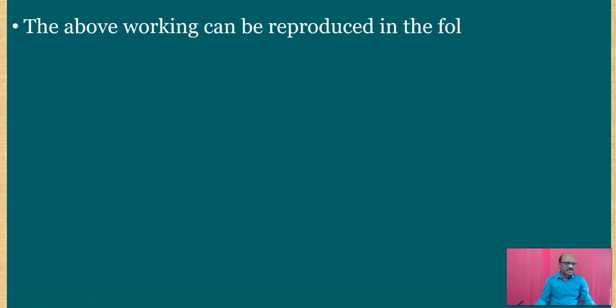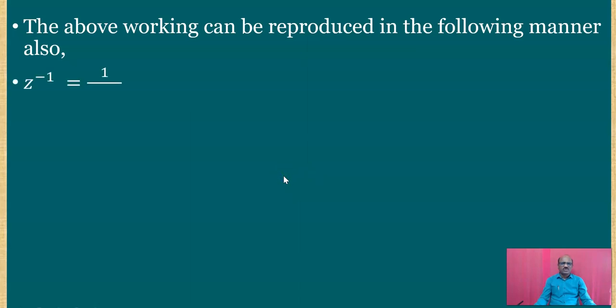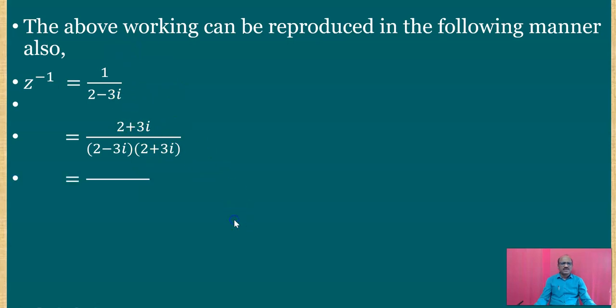Now the above working can be reproduced in the following manner. Also, z raised to minus 1 is equal to 1 upon 2 minus 3i. Next, multiply numerator and denominator by 2 plus 3i.